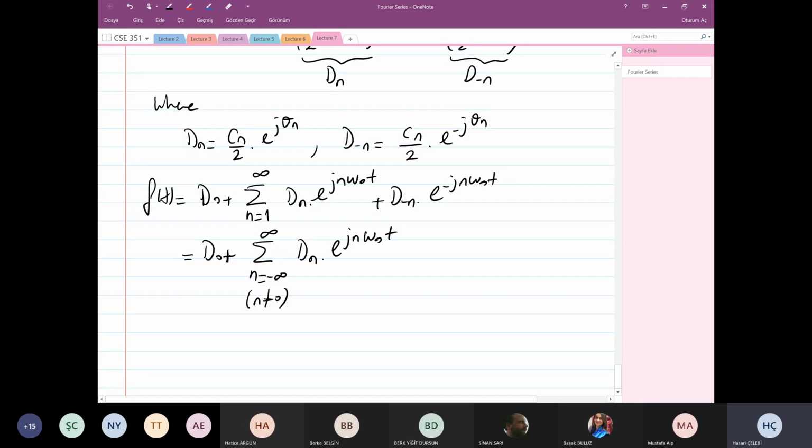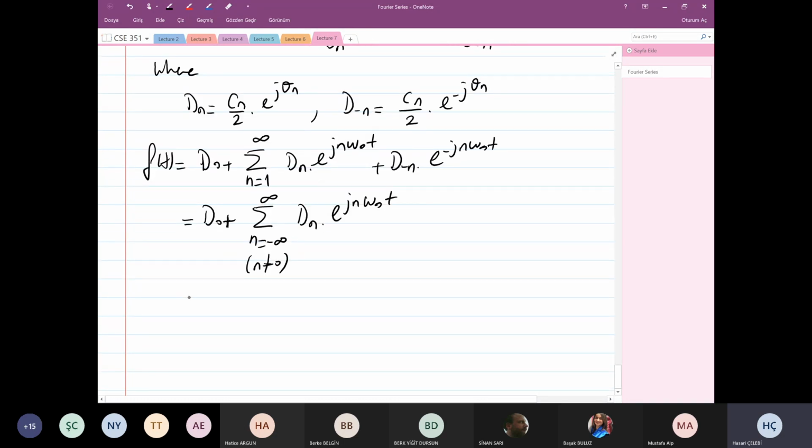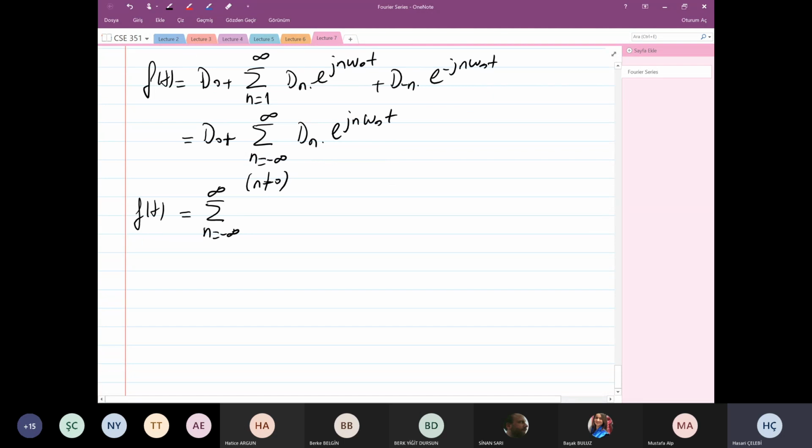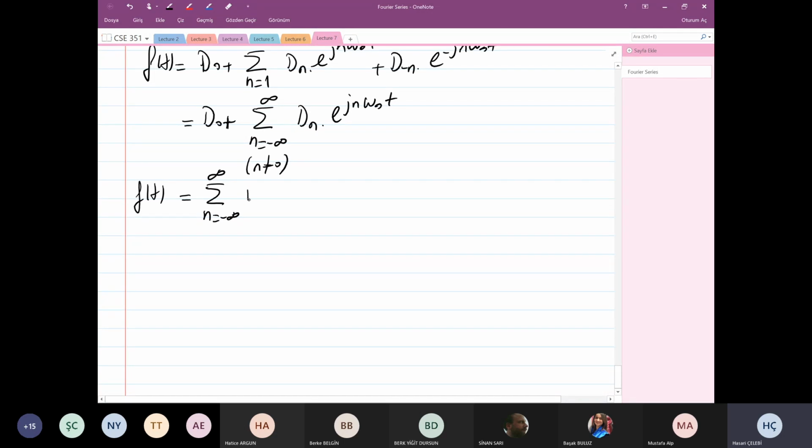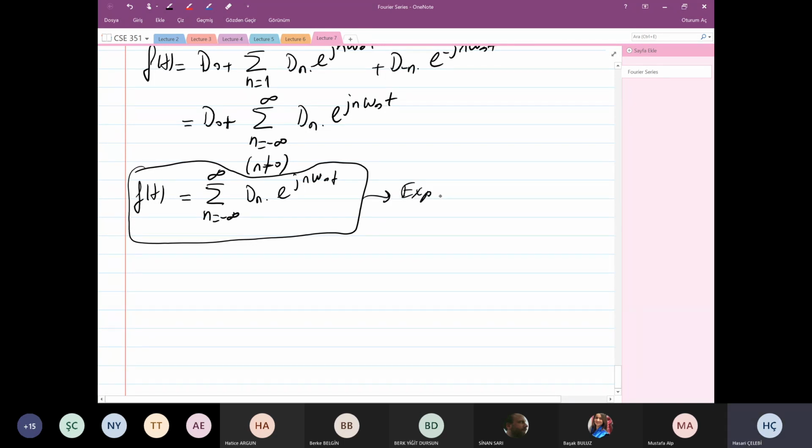So we can write down this as follows: f of t is equal to the sum n from minus infinity to infinity dn times e to jn omega 0 t. So this is called exponential Fourier series.